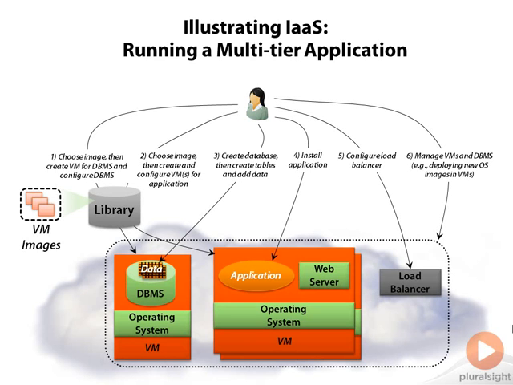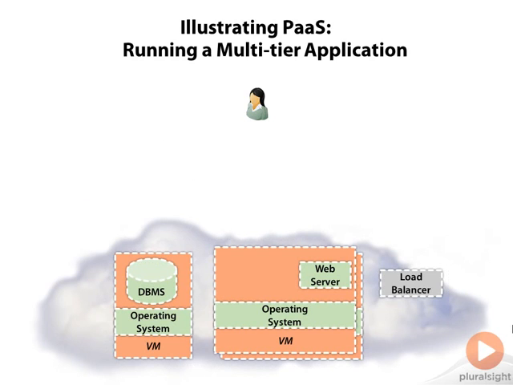The alternative, however, PaaS, looks like this. The same scenario in PaaS effectively presents the developer with what looks like a pre-existing application platform. It might not really be there, but it's as if the platform already exists.